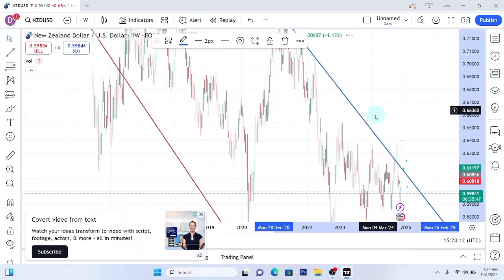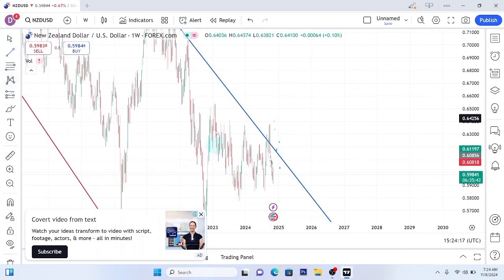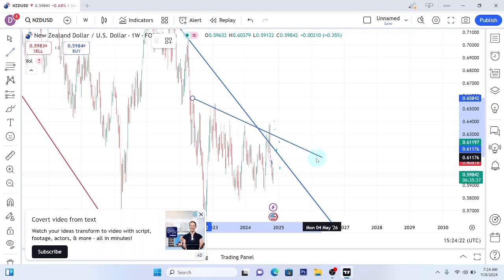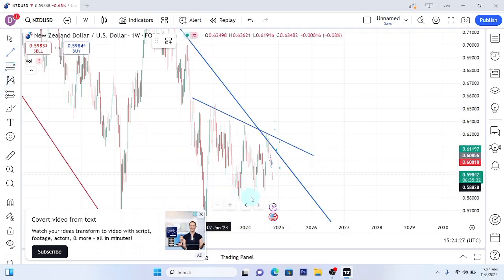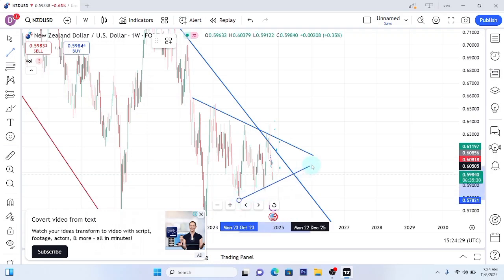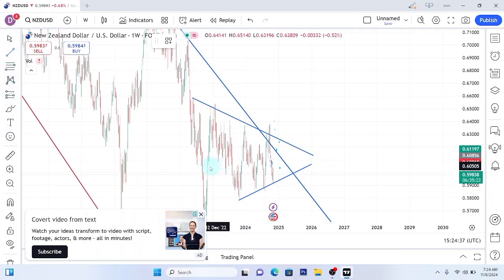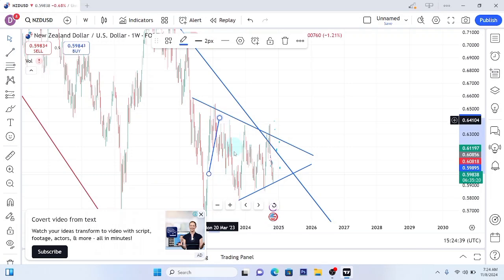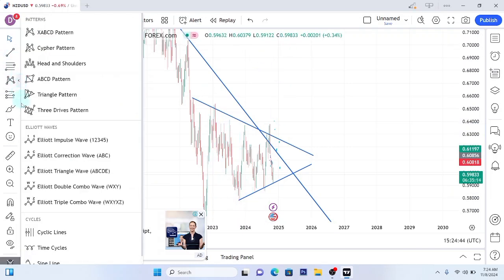Now in the weekly chart, you can see the overall. We know it's an overall trending market, but now let's look at the weekly movement so far. Based on the weekly, we can see that the market is consolidating.